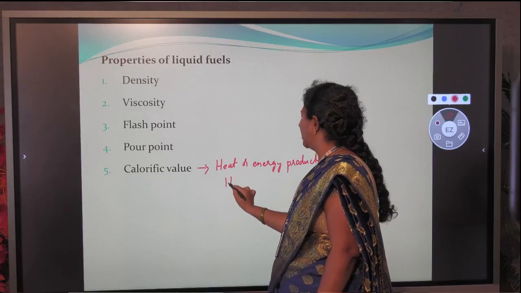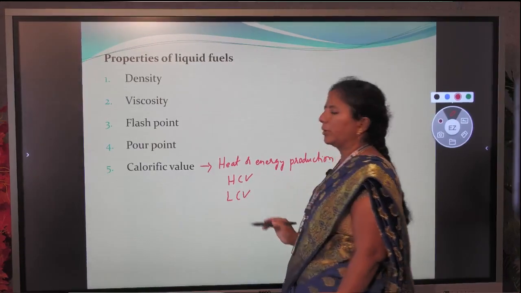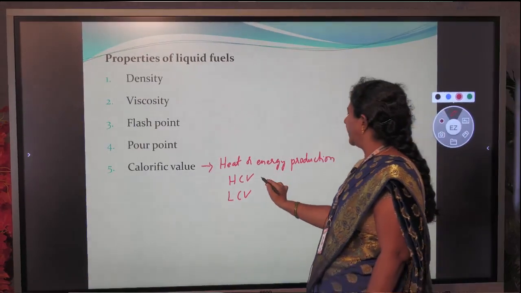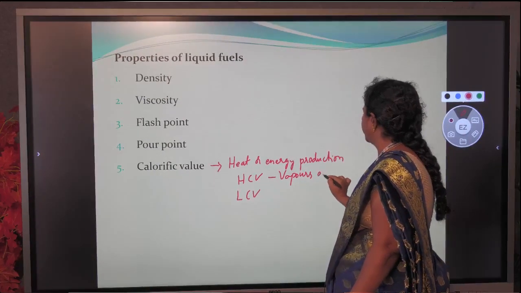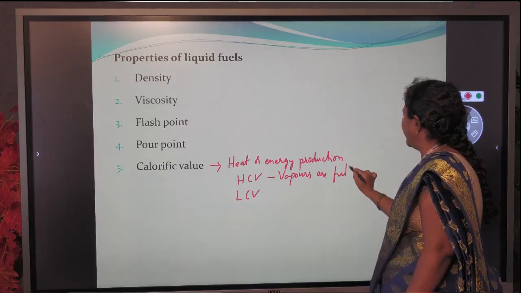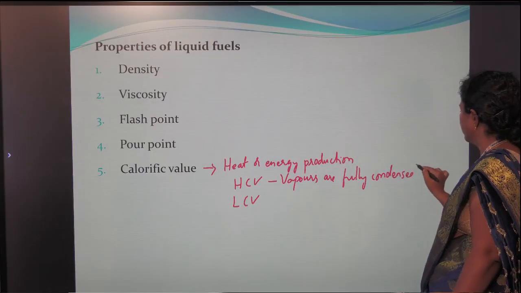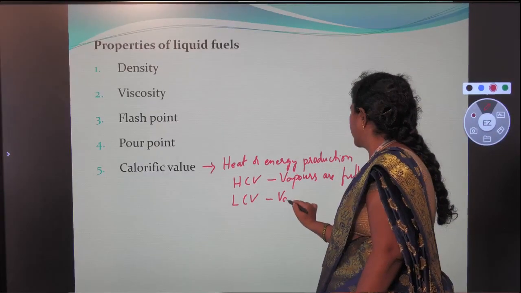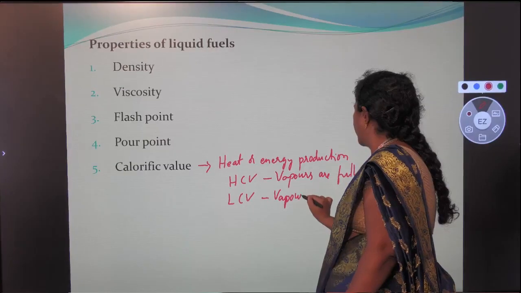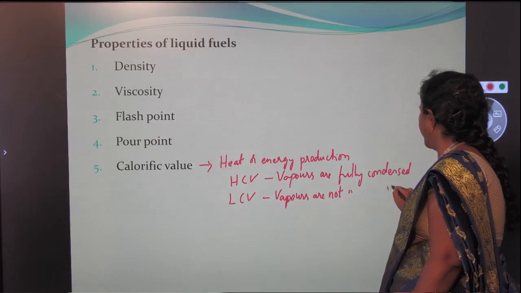Here we will have high calorific value and low calorific value. High calorific value means vapors are fully condensed. Low calorific value means vapors are not fully condensed.